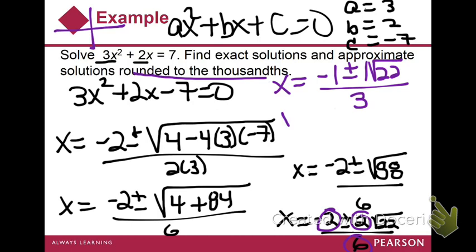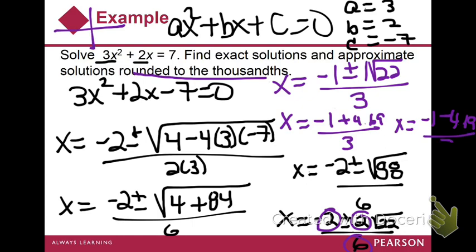So actually, my zeros are going to be at x equals negative 1 plus 4.690 over 3, and also at x equals negative 1 minus 4.69 all over 3. So you can actually put that in your calculator. Don't forget to hit equal and then divide by 3.